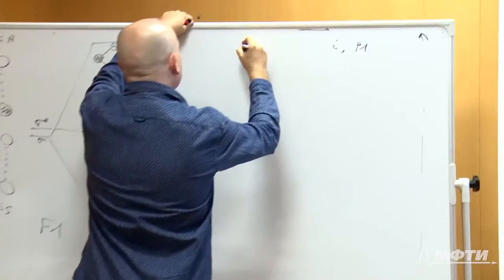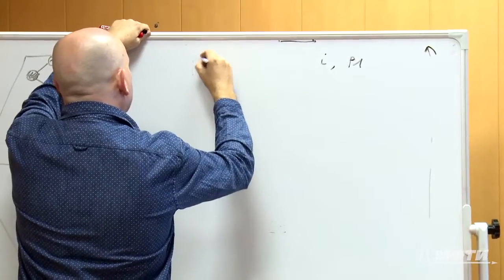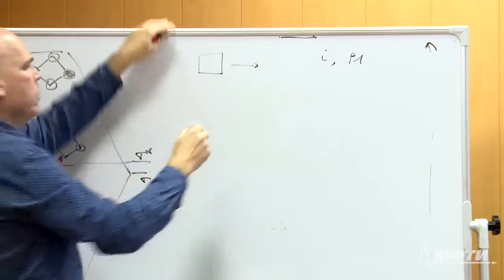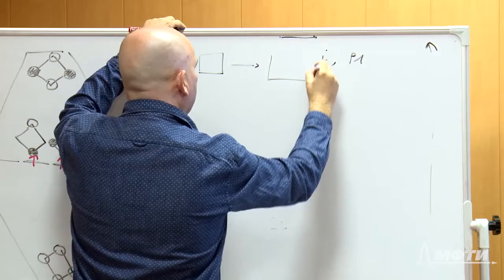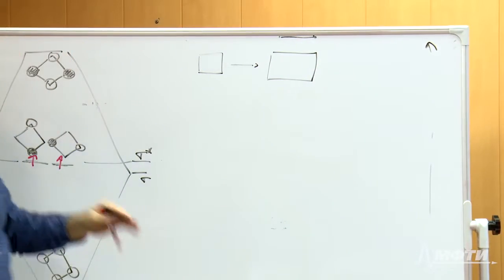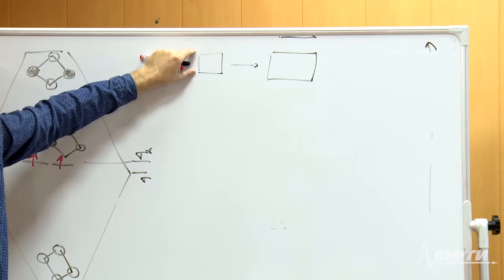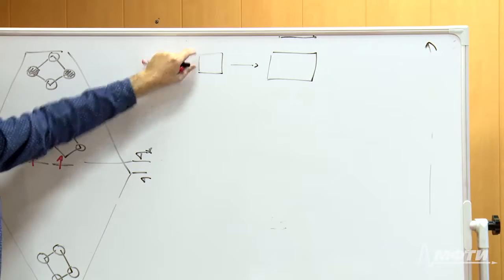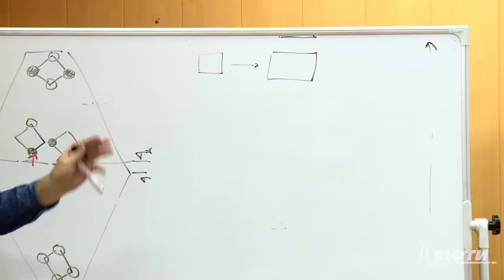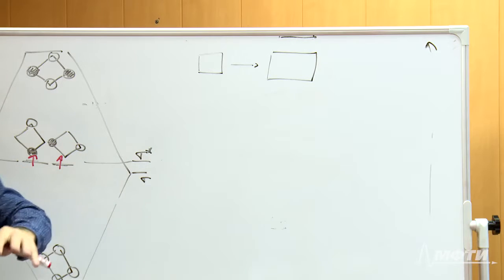The first one, so now I took a square like this. You start from a square and you go to a rectangle. Okay? Like this. Why not? You decrease the distance between these 2 atoms and you increase in the other way. In chemistry, we know that we are doing double bonds and single bonds. This is what we are doing.